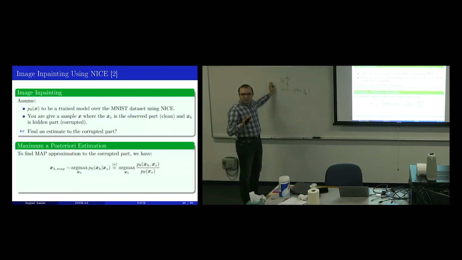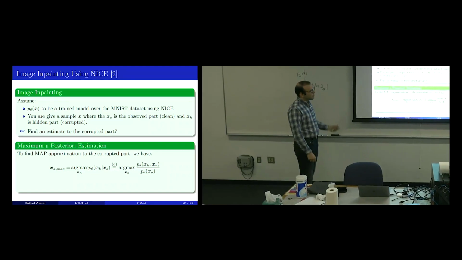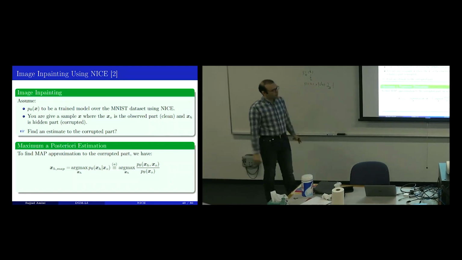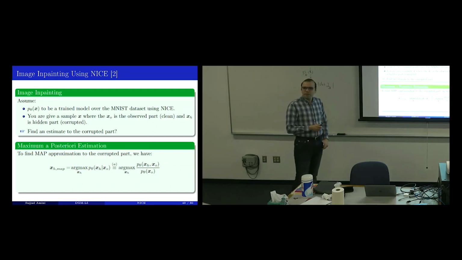Any question? But the denominator is not accessible because it's the probability of just a part of the image. So what happened to the denominator? How can we deal with that part? Pay attention that the maximization is with respect to the hidden or corrupted parts. So for each of these xh, this denominator is a fixed number.